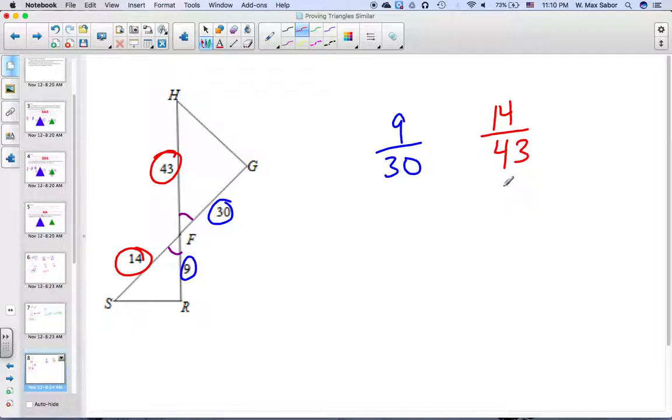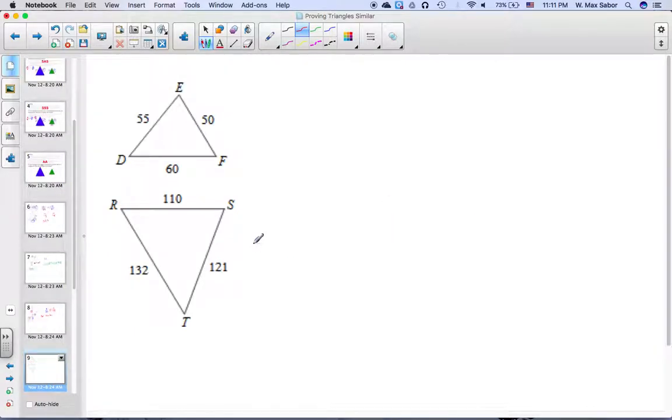And I believe that they are not the same. And because they are not the same, I would say that they are not similar. You can type this into the calculator to double check, but I believe that this will give you something slightly different. So the fractions have to be the same when simplified for them to be similar triangles, and these are not.